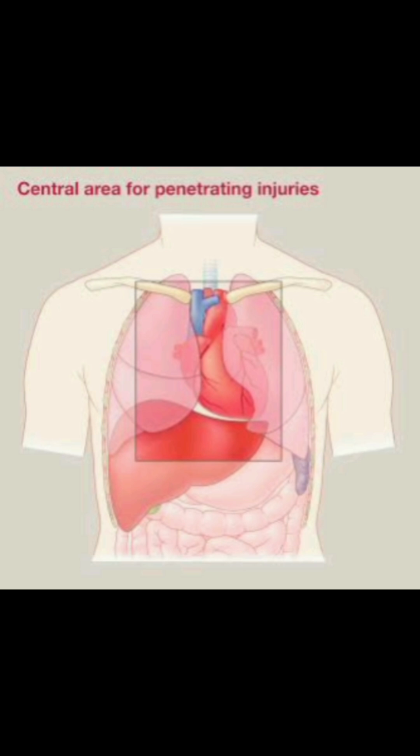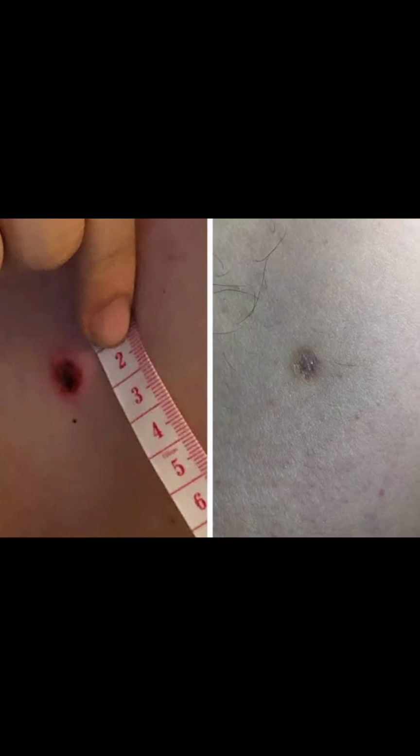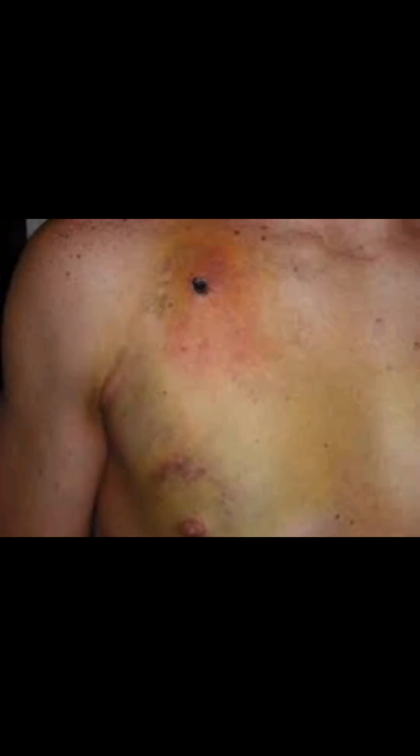A flail chest is usually apparent on visual examination of the unconscious patient. The patient manifests rapid shallow respiration and tachycardia. A flail chest may not be initially apparent in the conscious patient as a result of splinting of the chest wall.